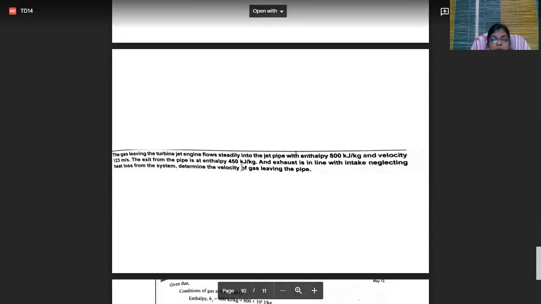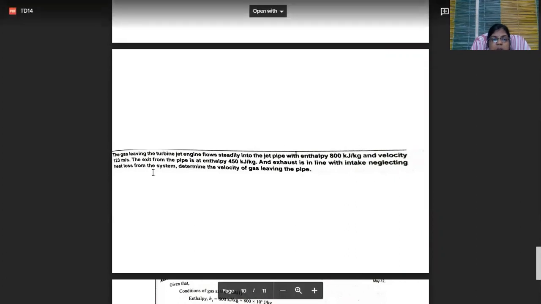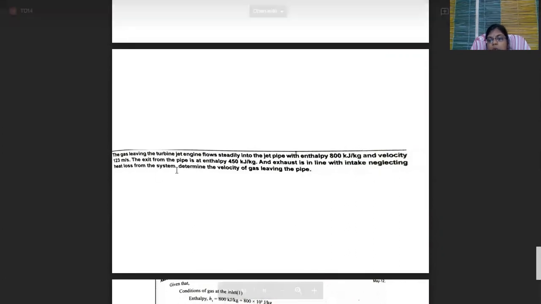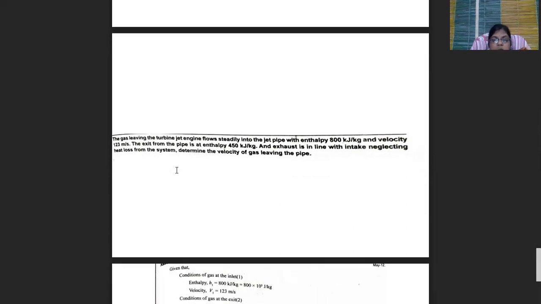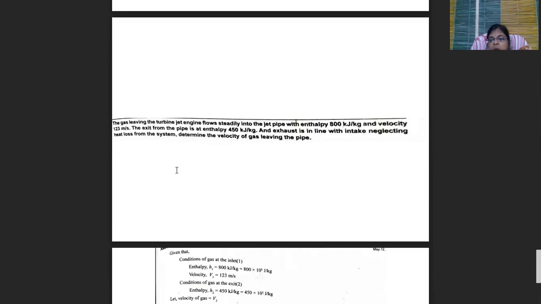The exhaust from the pipe is at enthalpy h2 450 kilojoule per kg, and exhaust is in line with intake. Neglecting heat loss from the system, that is q from the jet pipe is neglected. And next, determine the velocity of gas leaving the pipe.